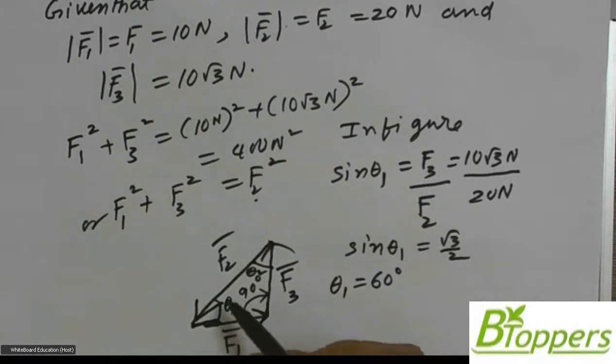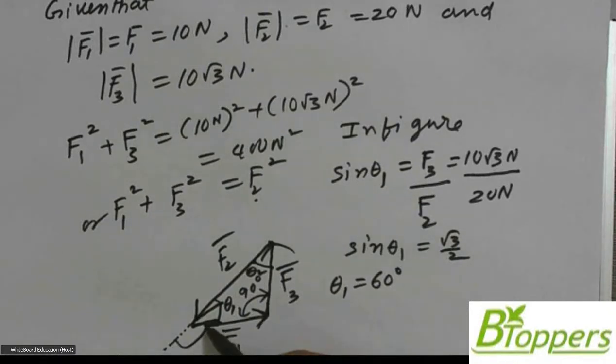But you should not take theta 1 as the angle between the forces F2 bar and F1 bar. As I have discussed previously, to know the angle between two vectors, the two vectors must be graphically represented such that tail of one vector is attached to the tail of the other vector.